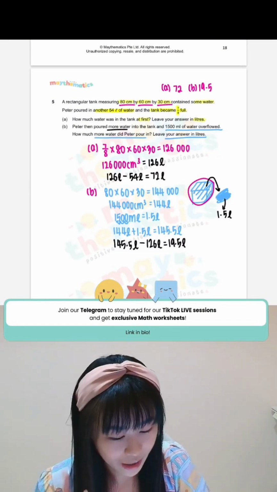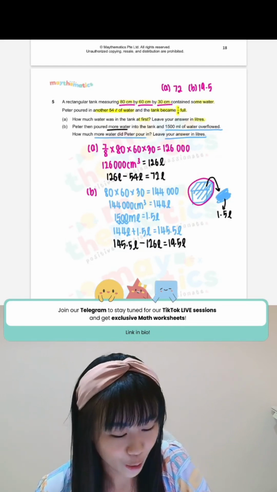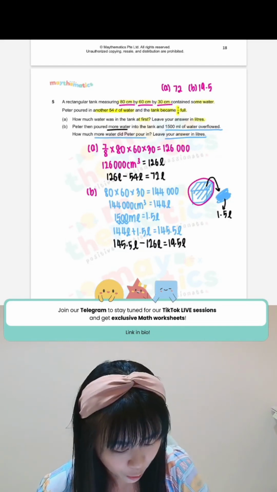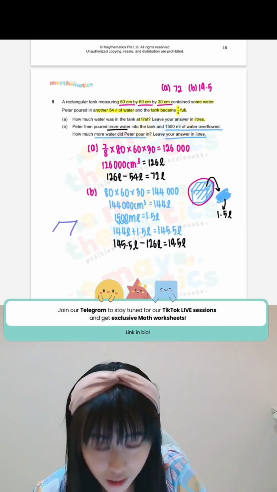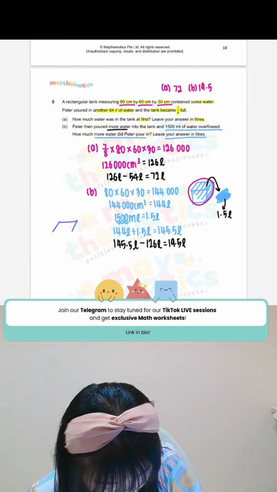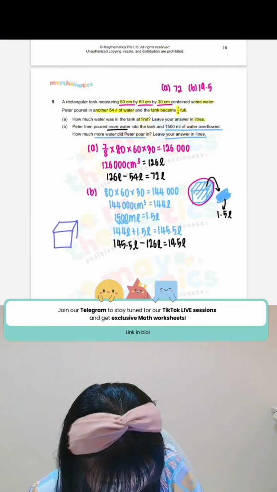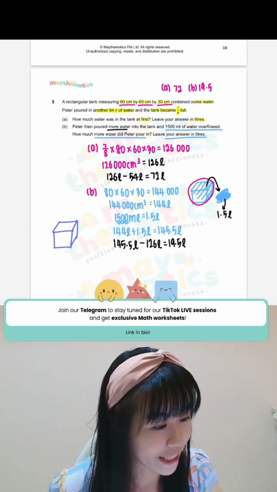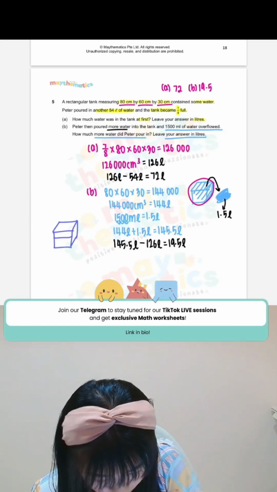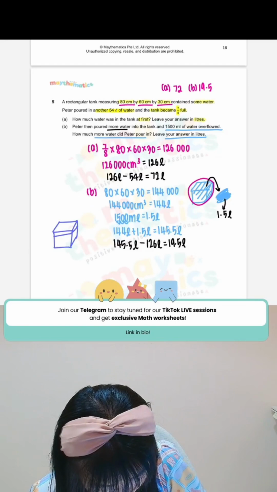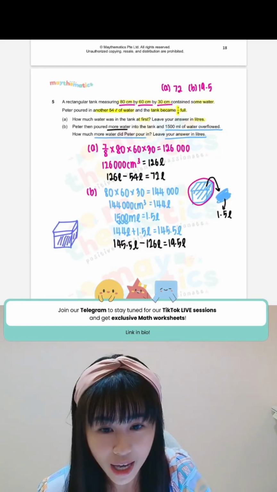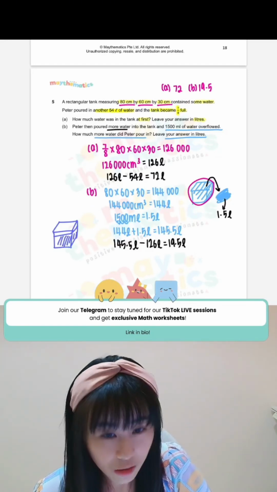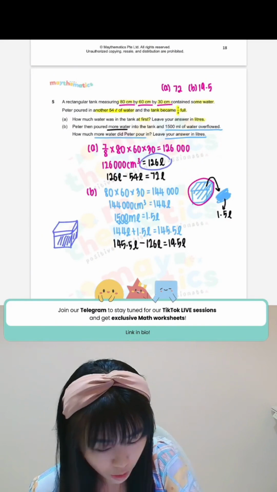Maybe I visually show y'all what's happening. Imagine, originally this tank is only 7/8 full. So when it's only 7/8 full, it didn't fill up to the brim yet. It filled until maybe here. And when we found out 7/8 full that time, it was 126 liters.